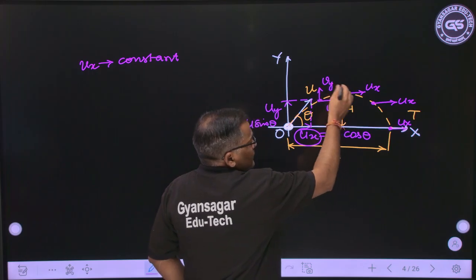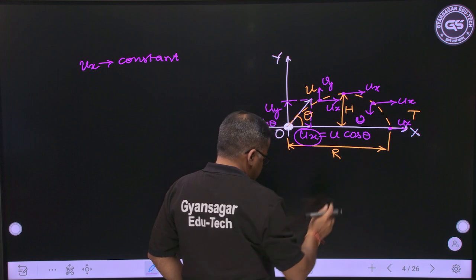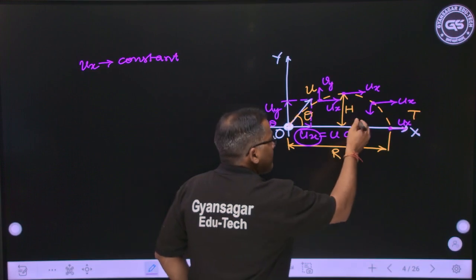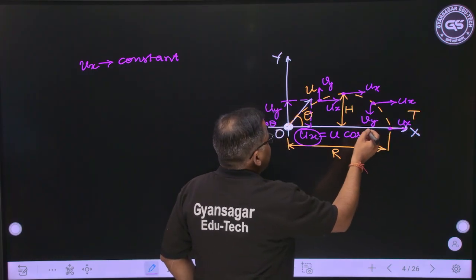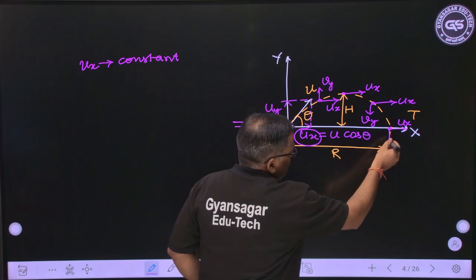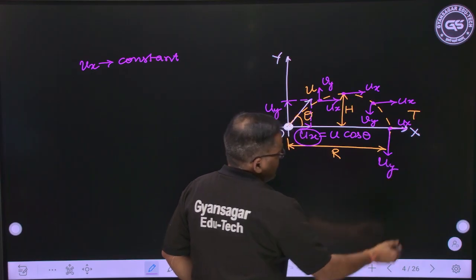Here let me say vy. And at this point it will attain a value equal to the initial value, so uy.